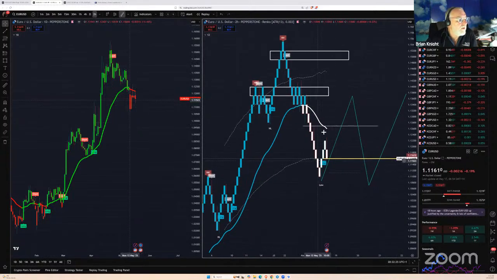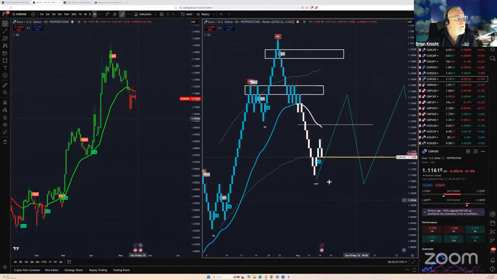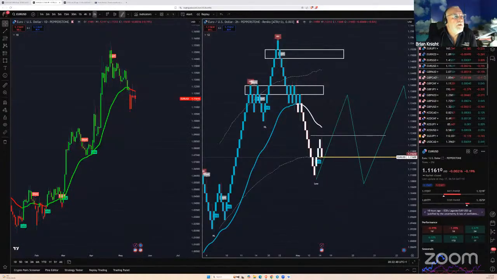Yeah, done a long and then just pull back again. So we'll wait to see. There's this line here now. Just going to break. Anyway, all right, GBP.